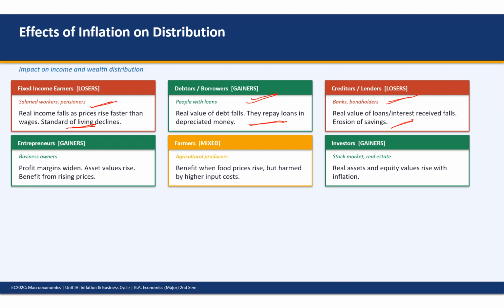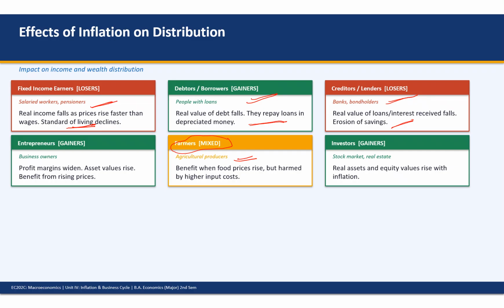Fourth, entrepreneurs usually gain because their profit margin widens when price rises. Fifth, the farmers may gain or lose depending upon whether output prices rise faster than the input costs. So their outcome is mixed. It depends upon whether the food prices rise fast or the input costs rise fast.